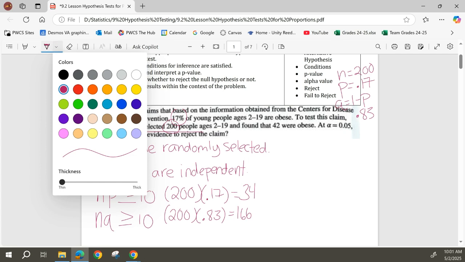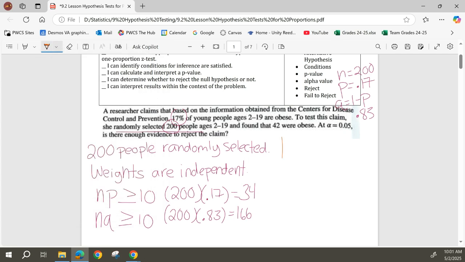And that leads us into our hypotheses, where our null hypothesis, the thing we're assuming is true until shown otherwise, is that our population proportion is equal to 0.17. And in this problem, we want to know if there's enough evidence to reject the claim. We're not really asked if it's greater than or less than.